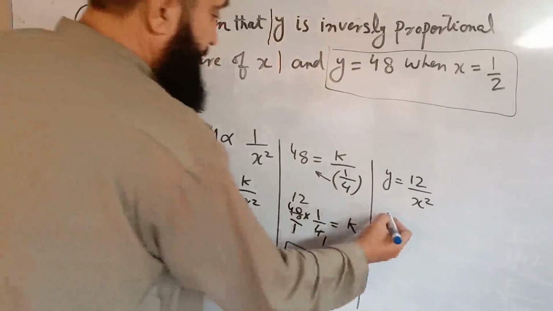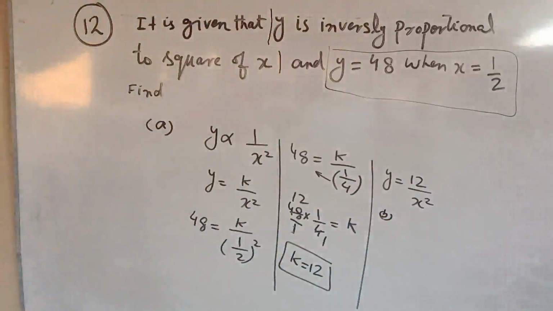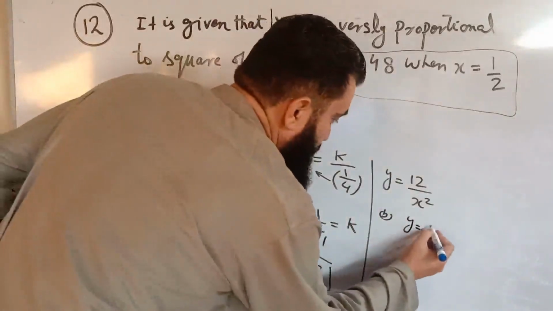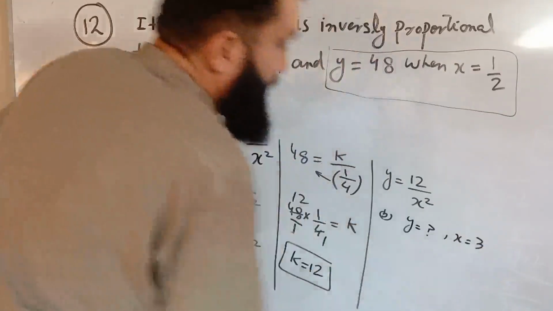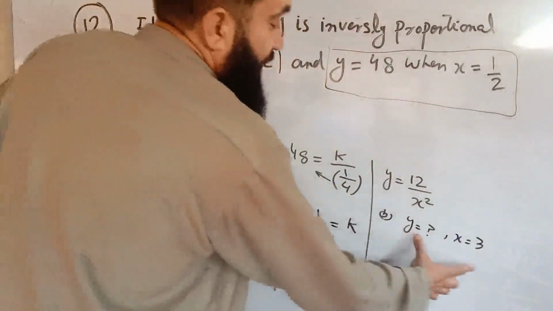And B part is: find the value of x when y is equal to 3. Find the value of x. This is the B part. We will use this formula to solve this.